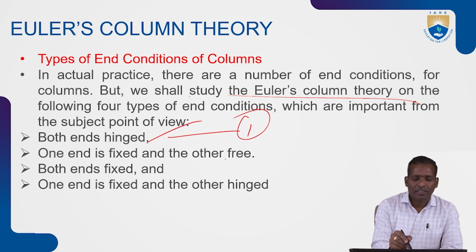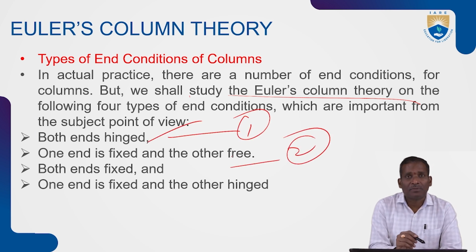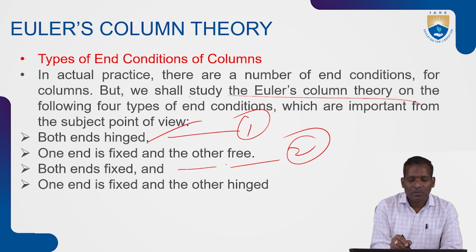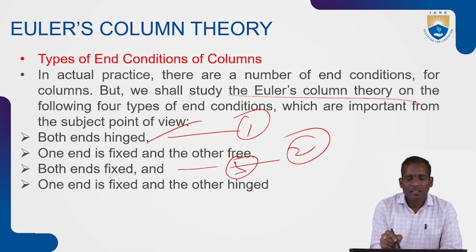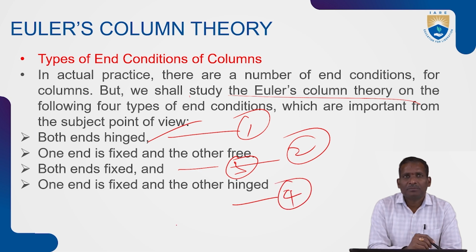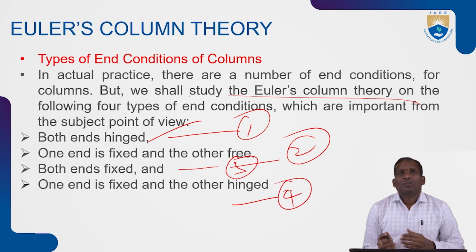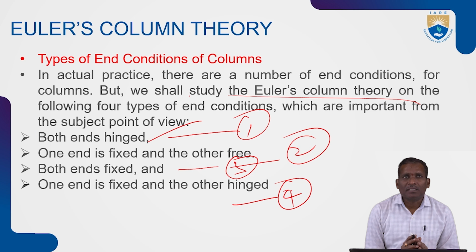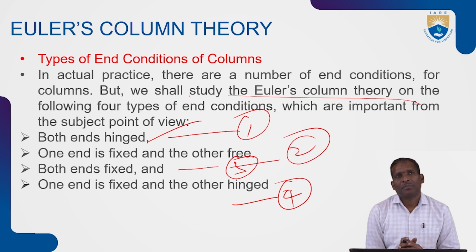Second, one end fixed and the other end free. Third, both ends fixed. Fourth, one end fixed and the other end hinged. Based on these end conditions, we will have to derive the Euler's column theory equation to avoid buckling.